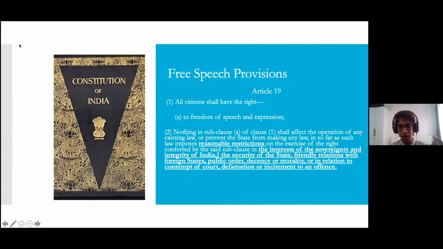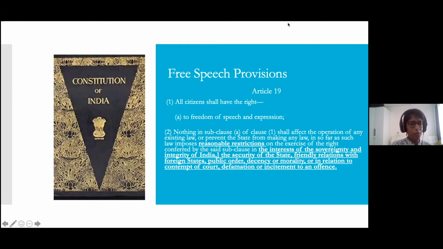And there's a restriction embodied in the clause right after, which says, nothing in sub-clause (a) of clause 1 shall affect the operation of any existing law or prevent the state from making any law insofar as such law imposes reasonable restrictions on the exercise of the right conferred by the said sub-clause in the interests of the sovereignty and integrity of India, the security of the state, friendly relations with foreign states, public order, decency or morality, or in relation to contempt of court, defamation, or incitement to an offence.